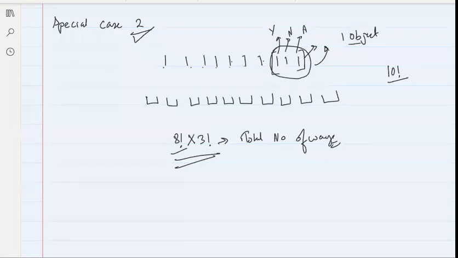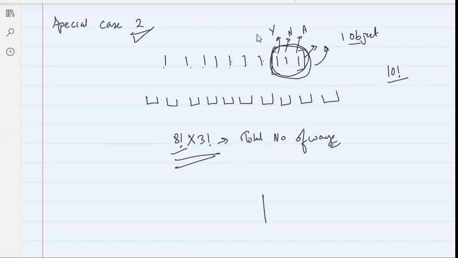See, we have 3 people, Yashash, Nitin, and Aditya. This is the question: these 3 will sit together always. These three will not go anywhere.